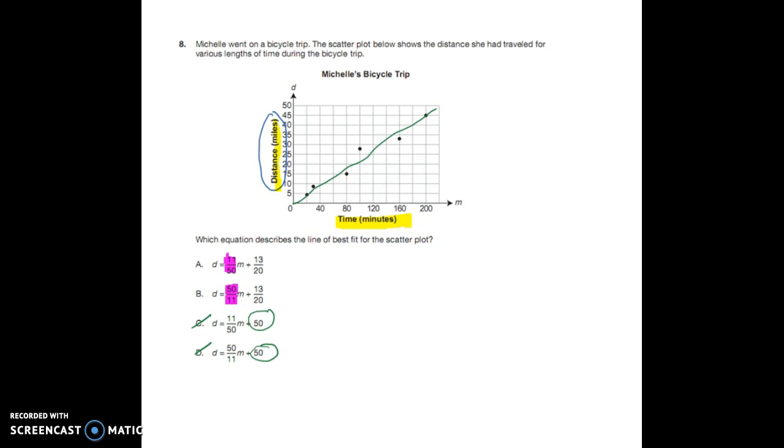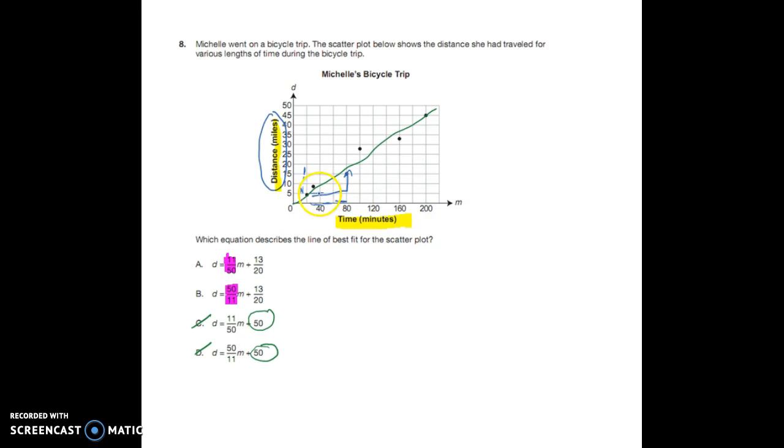All right? So if I look at the slope here from one point to another, you can see that each box on my x-axis represents 20 minutes. Each y box represents 5 miles.